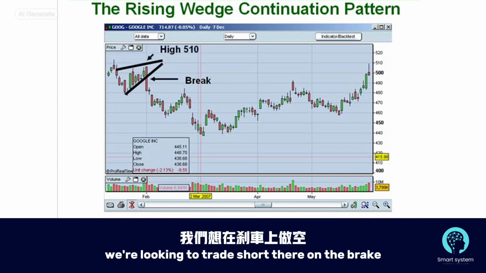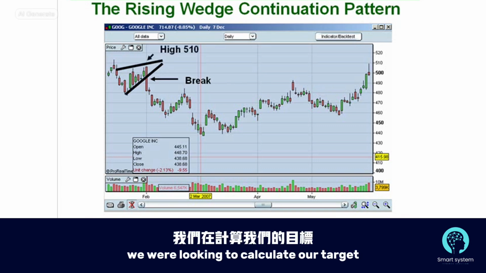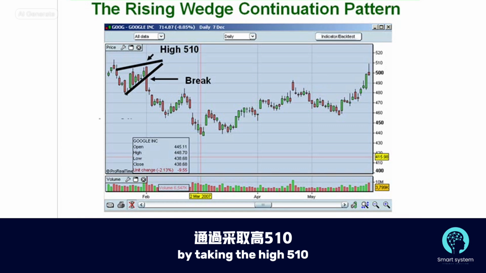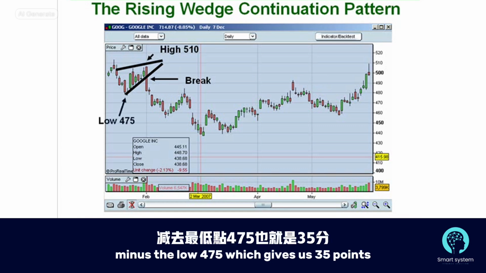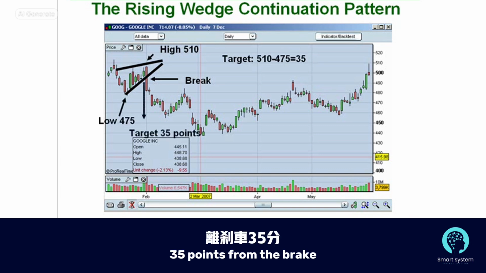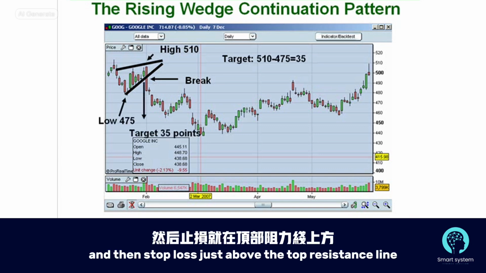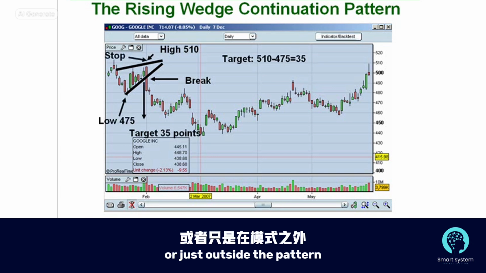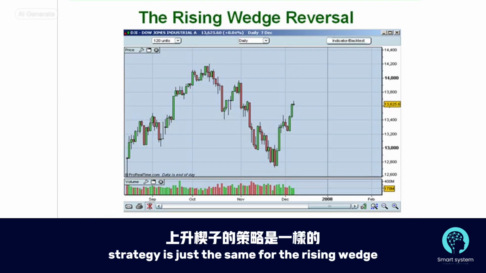We're looking to trade short on the break. We calculate our target by taking the high, 510, minus the low, 475, which gives us 35 points, which we project downward for our short target, 35 points from the break. Then the stop loss goes just above the top resistance line, or just outside the pattern. The strategy is just the same for the rising wedge.